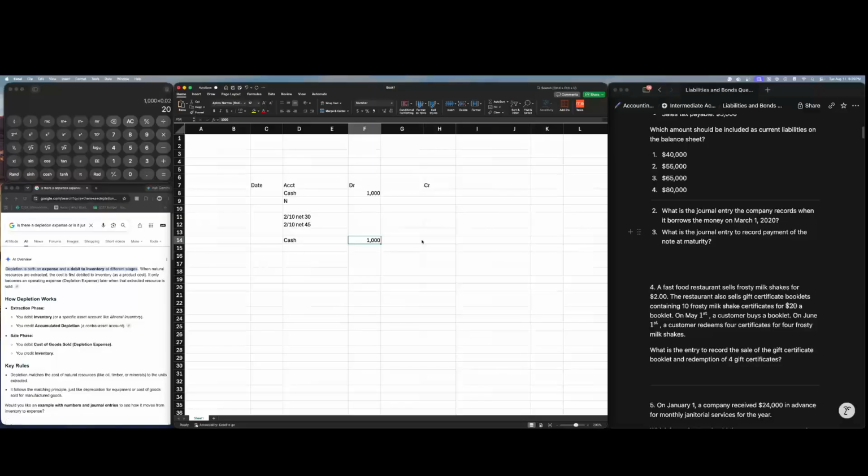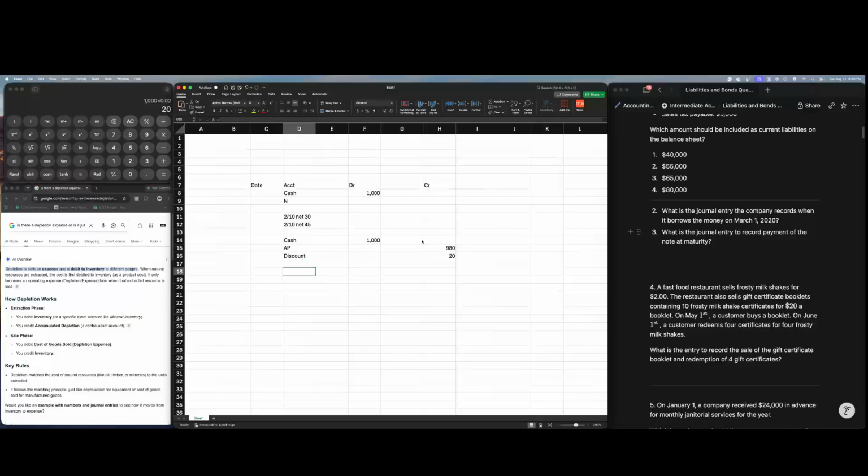Well, actually, no. What is this? 980. I mean, let's say that you receive a full amount of $1,000 cash. You write the net accounts payable at 980. Okay, and then there will be a discount of $20.